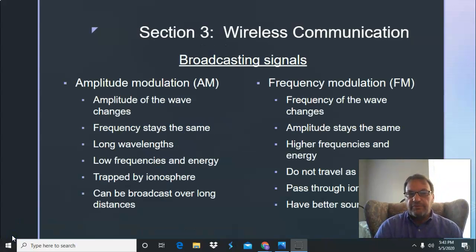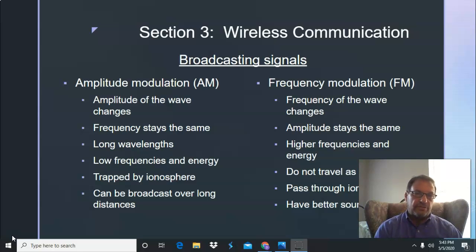As I had mentioned before, the radio can be AM or FM. And AM is amplitude modulation, and FM is frequency modulation. And if you remember back to talking about the different waves, amplitude was one of the measurements of a wave, and that is how high the crest of a wave is in relation to its resting point from the midpoint.